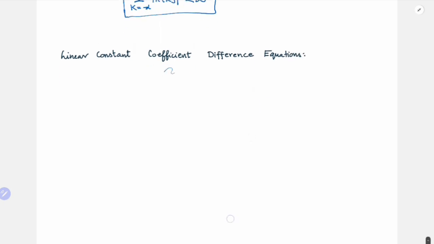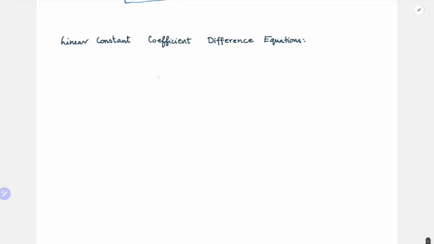So this is again simple. It is described by this equation: summation k equal to 0 to n a k y of n minus k is equal to summation t equal to 0 to m b t x of n minus t.